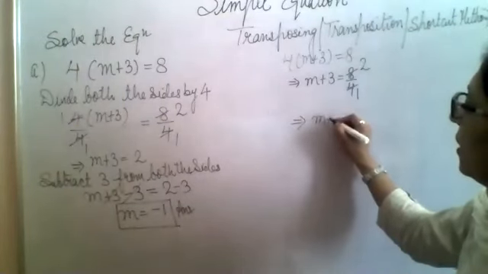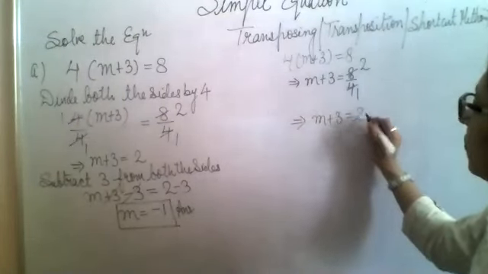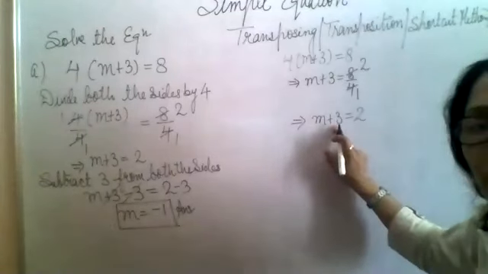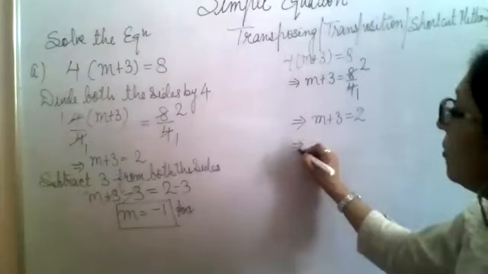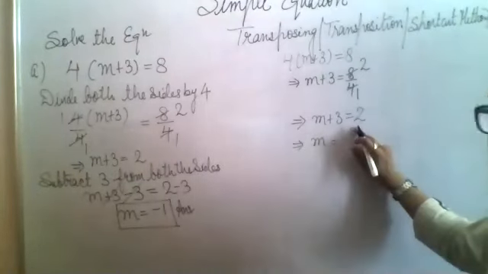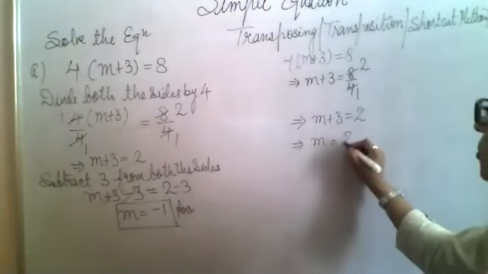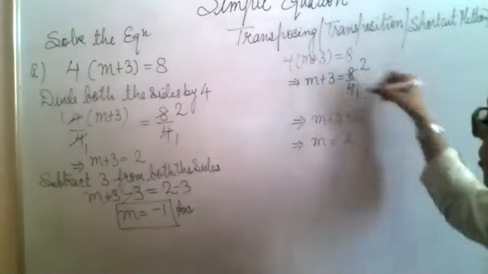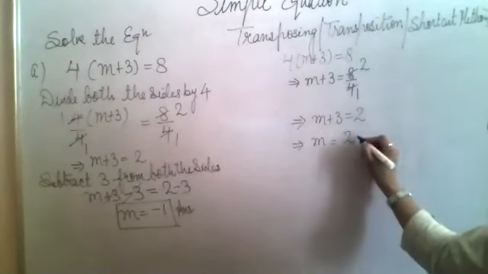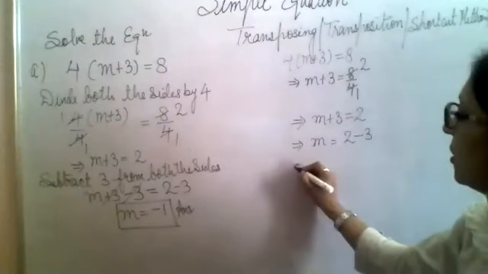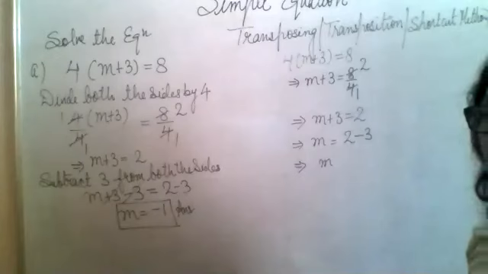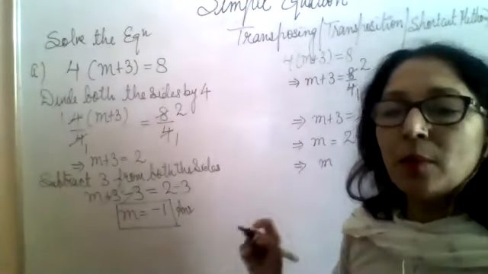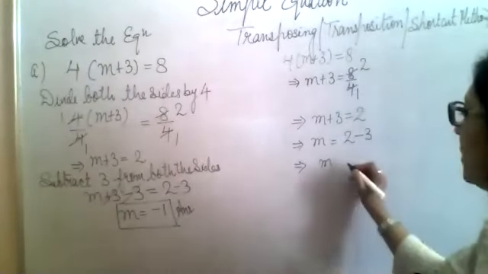Now, plus 3 will go to the other side, will become minus. And remember, what is already present there, first write that. So 2 is already there, then shift. Plus 3 will become minus. Now you know, different sign, subtraction, greater number has minus, so you will put minus sign.